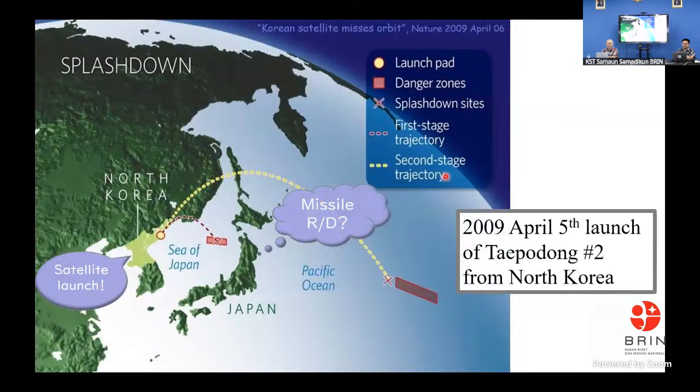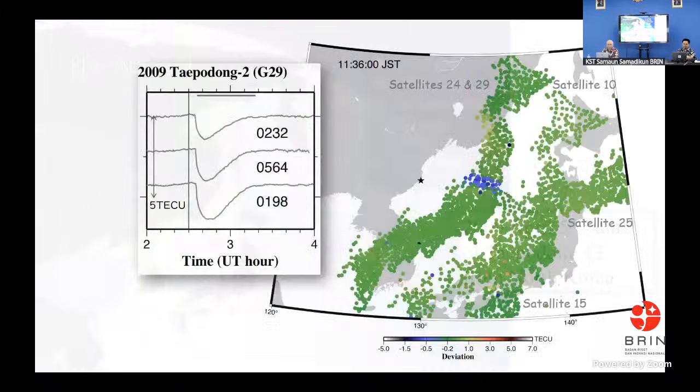Okay, and sometimes it occurs not for a rocket, but for an ICBM, intercontinental ballistic missile. For example, there was such a missile from Korea to the Pacific Ocean. So it flew above Japan, and we could see its trace as a negative change of the number of electrons. And these are the time series.